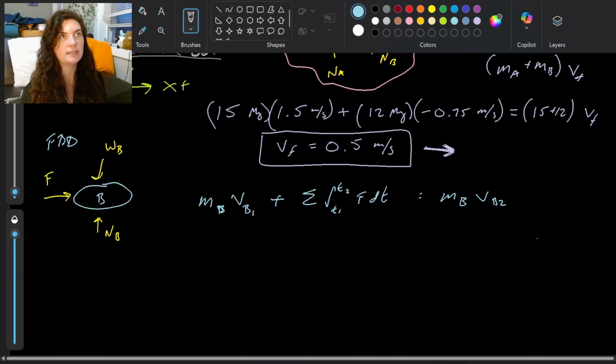Remember, we're just analyzing the single car system now. We're not looking at the two-car system anymore. We're just looking at car B.